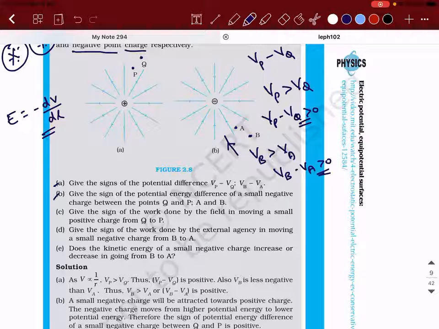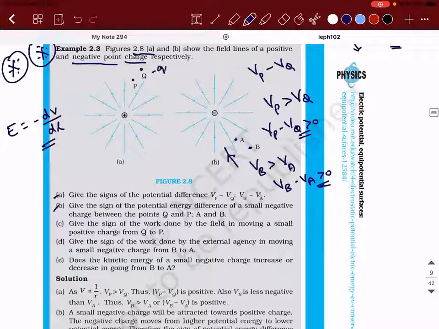So give the sign of the potential energy difference when you move a small negative charge between the points Q and P. So where is the negative charge moved from? Initially, you have the negative charge at point Q, and you're moving it to point P. So they're asking what is UQ minus UP, accepted.